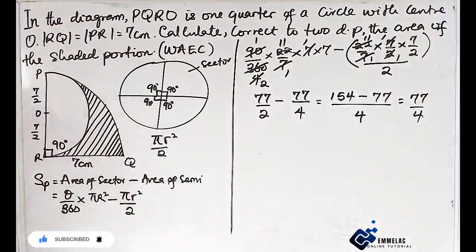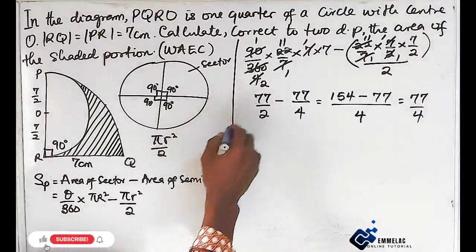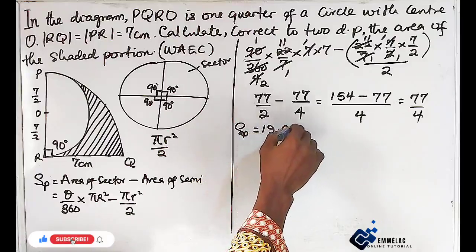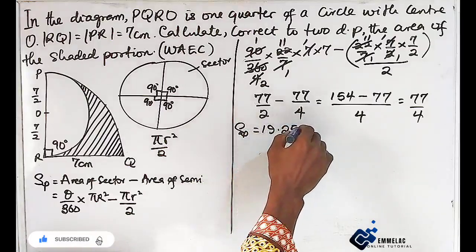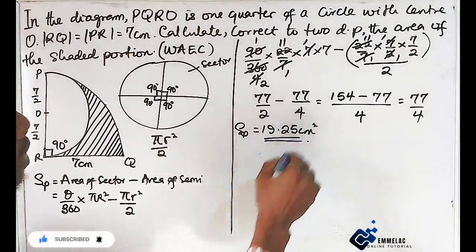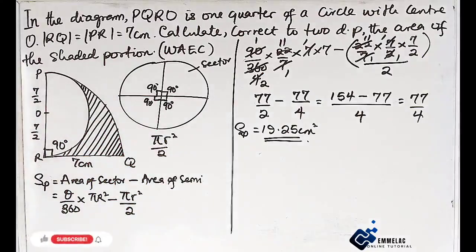Now divided by 4, the area of the shaded portion will now be 19.25 centimeter square. So that's the final answer.